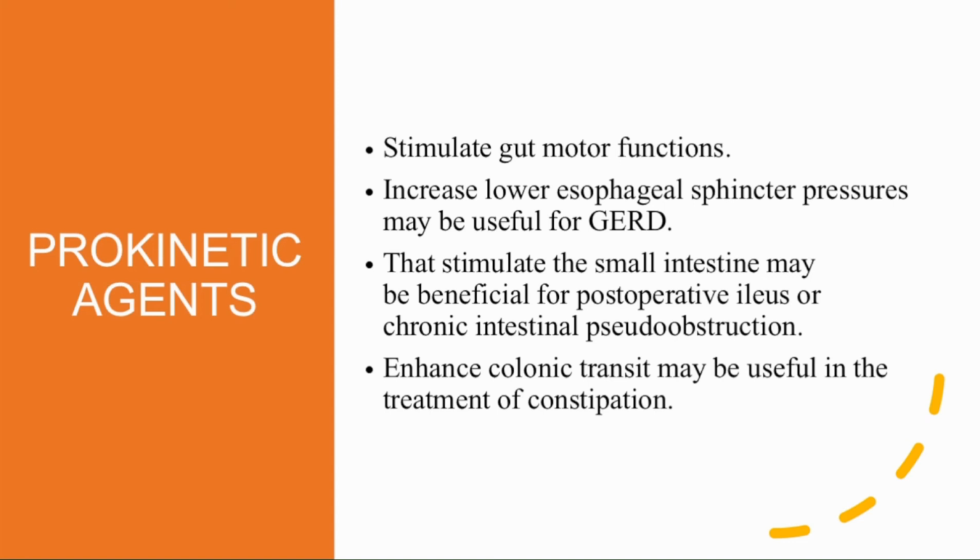Anti-emetic agents. There are different classes of drugs that have antiemetic properties, such as the corticosteroids dexamethasone and methylprednisolone, which enhance the efficacy of 5-HT3 receptor antagonists for acute and delayed nausea and vomiting. Antipsychotic agents such as olanzapine, which act through inhibition of dopamine and serotonin receptors, and antihistamines and anticholinergic drugs.